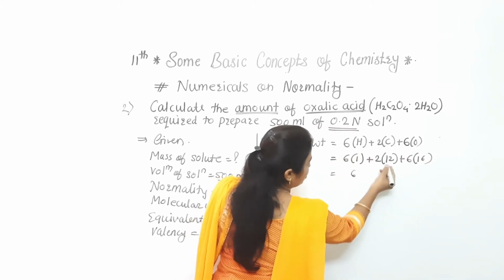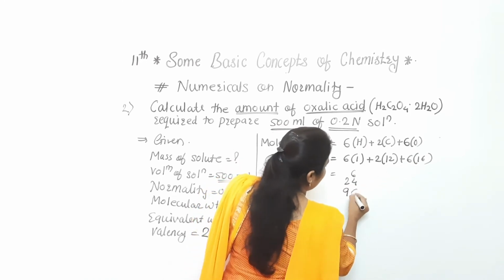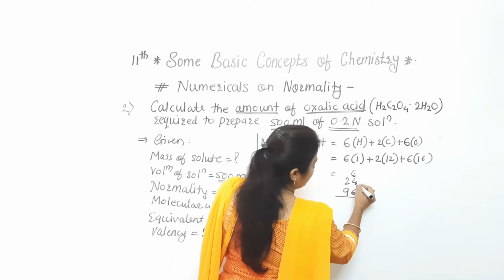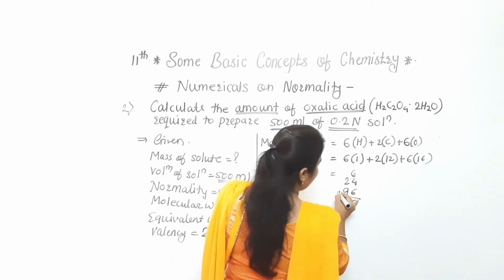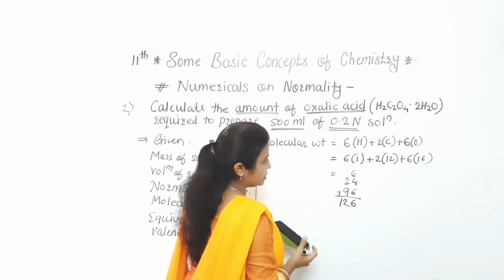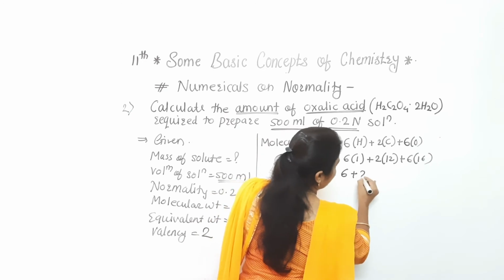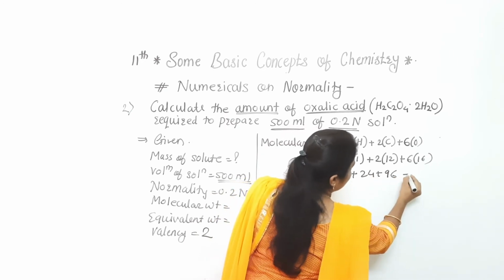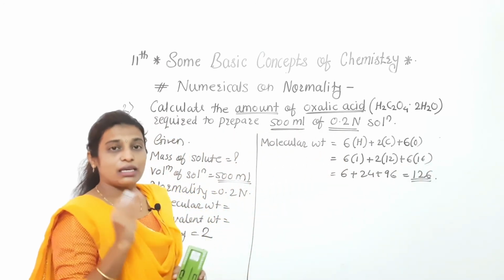So 6 plus 12, 2s are 24, plus 16, 6 are 96. So 6 plus 24 plus 96 is equal to 126. That 126 is the molecular weight.